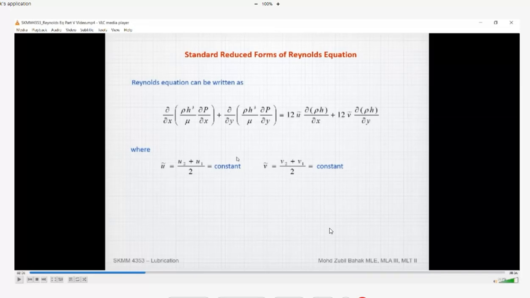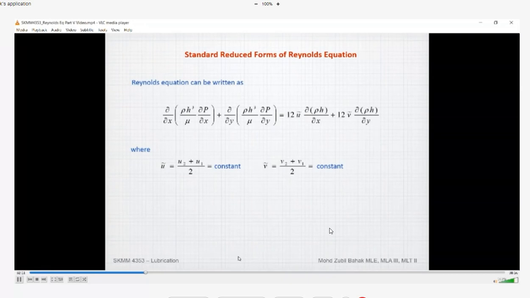Please make sure that you remember this equation, because it is important that u bar is defined as u2 plus u1 divided by 2. What is u2 and u1? u2 is the top surface moving in the x direction, and u1 is the bottom surface in the x direction. If the bottom is not moving, then u1 is equal to 0.